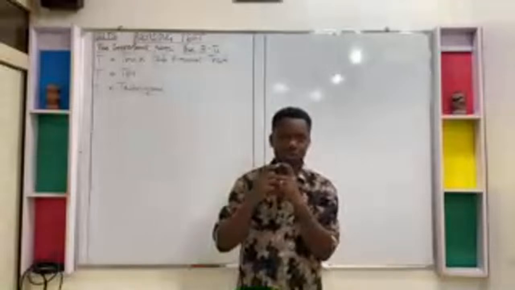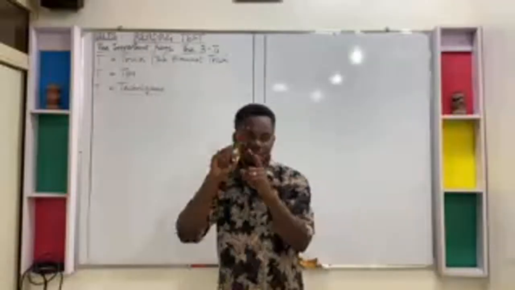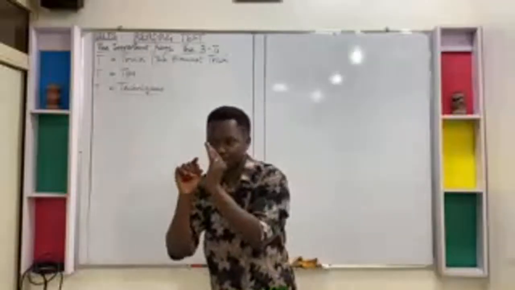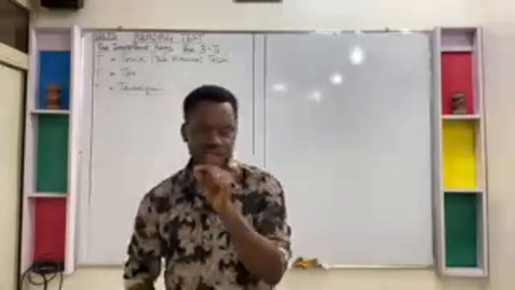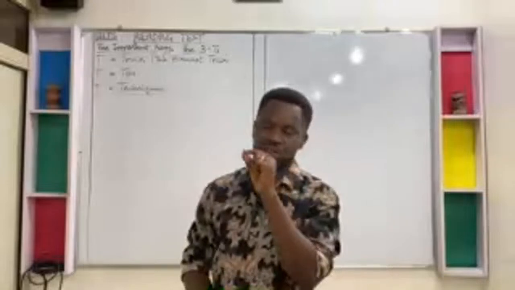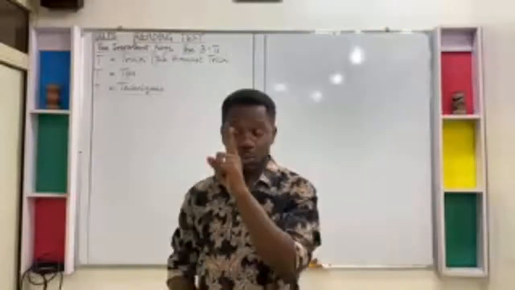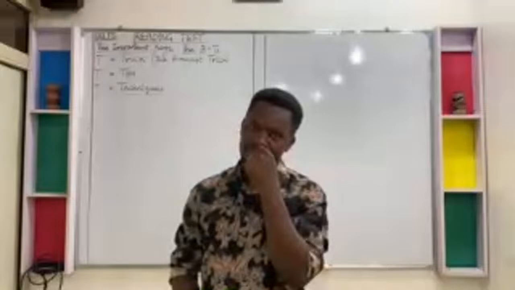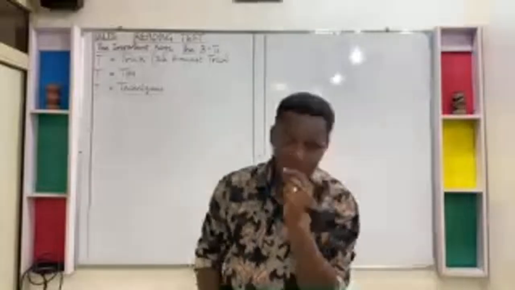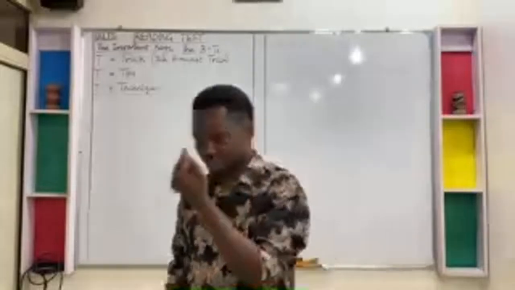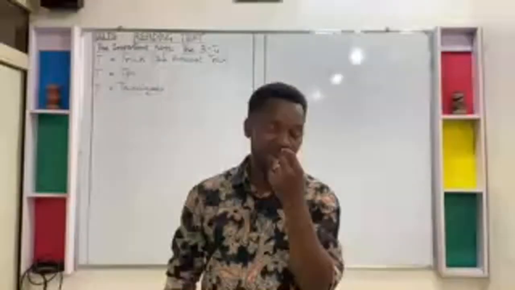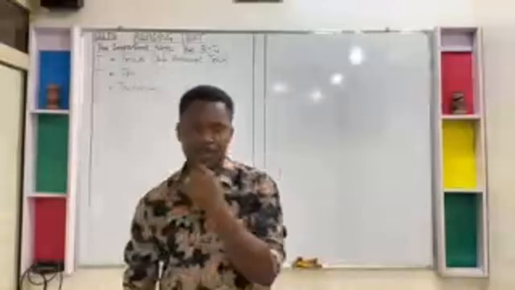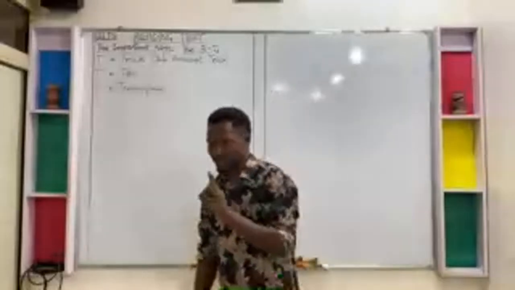So what you do, you write B-E-E, then in bracket, put your S. So when you are applying the bracket trick around the word, where the instruction says no more than one word and or a number, you are trying to consider whether the word should be in a singular form or plural. So you're making use of the bracket trick just to stay safe. Please, do you understand this?